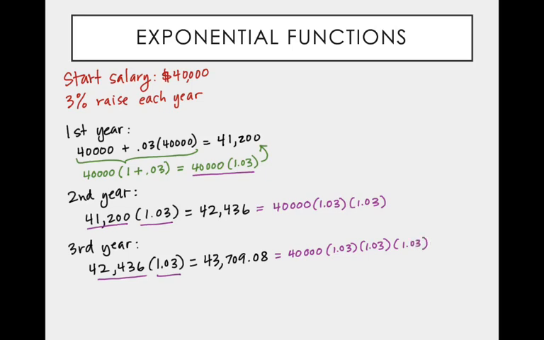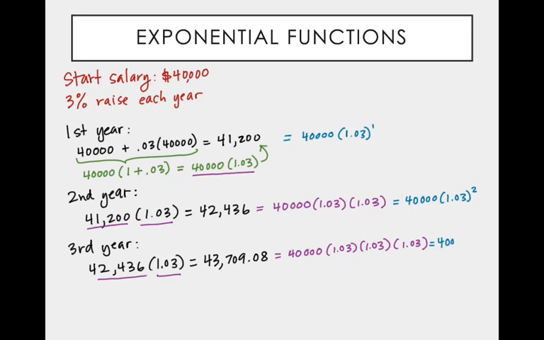Okay, so each year we're just multiplying by another 1.03. So after the first year, our salary had been calculated by 40,000 times 1.03 to the first power. The second year was calculated by 40,000 times 1.03 squared.